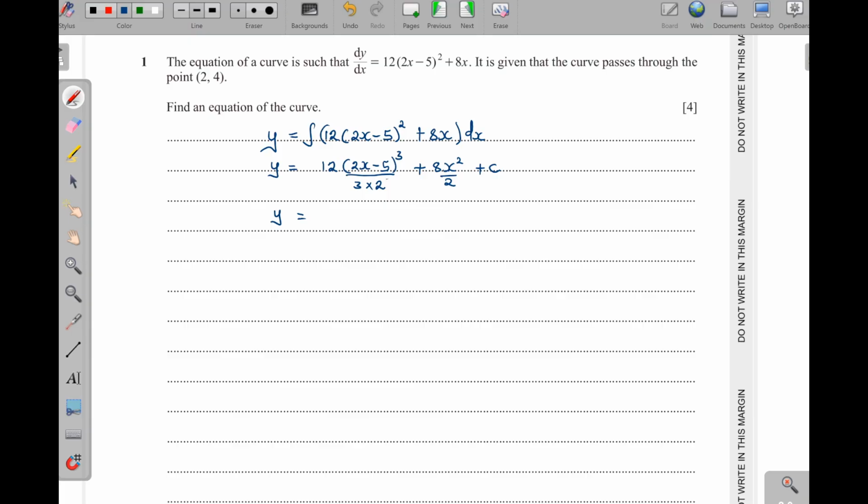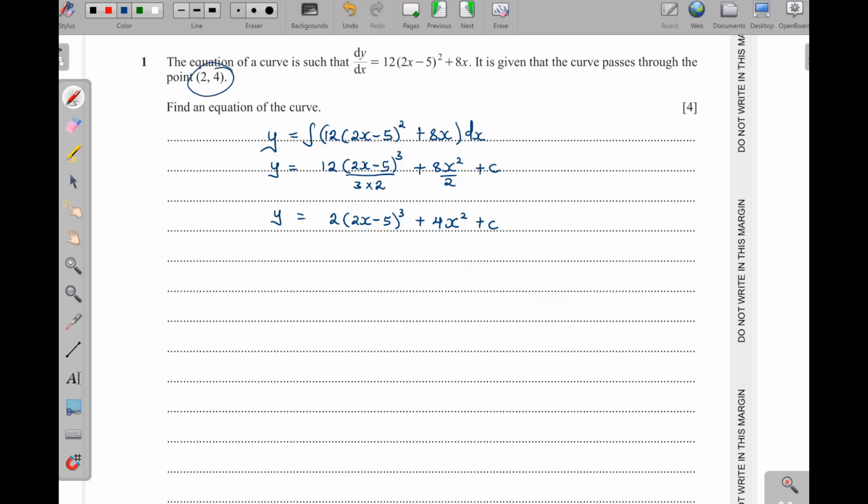Now this one here is a 6. It can go here 2 times, so we can have 2 into (2x minus 5) cubed, then plus 4x squared plus c.